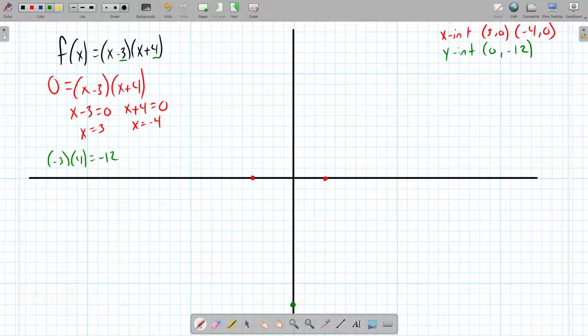So why do I just get to multiply these two numbers to get the y-intercept? Well, if we were to FOIL this out completely, the negative 3 times the 4 would be the constant term on the end of the quadratic. There would be no x's with it, meaning once it's in standard form after foiling, it would be the c term.